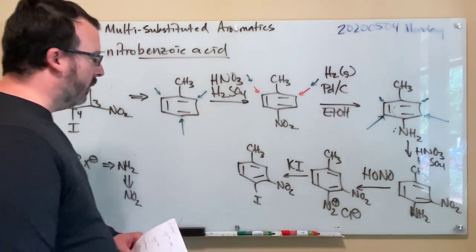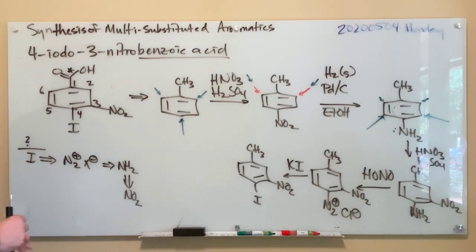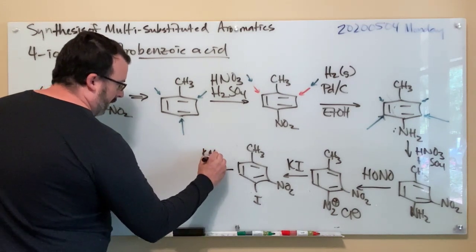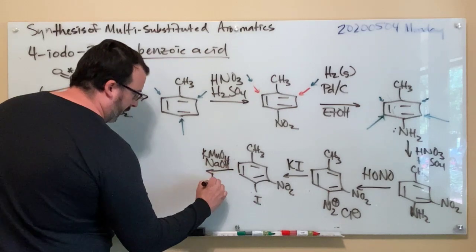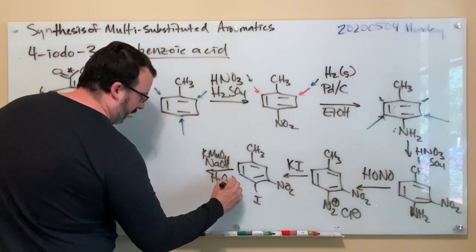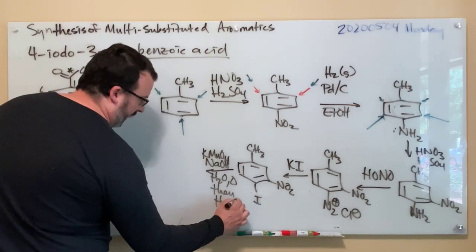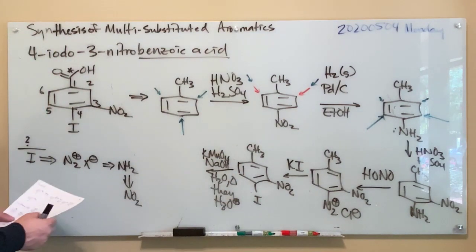So we're almost there. We have the iodine and the nitro group. We're going to finish off with the oxidation of the methyl. So those are conditions to oxidize the benzylic carbon to the acid.